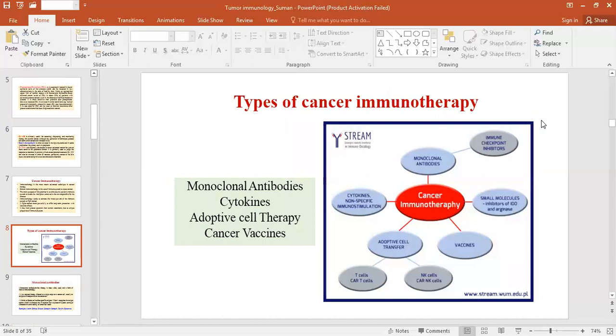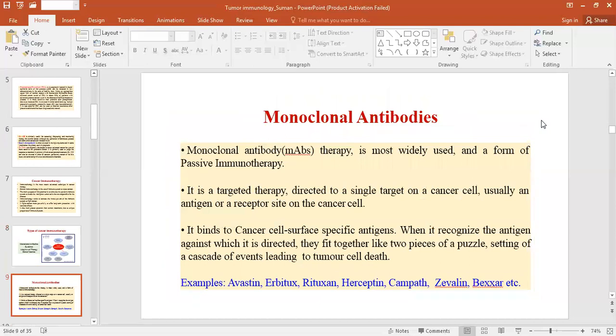So there are four types of cancer immunotherapy: monoclonal antibodies, which may be in conjugated or unconjugated form, cytokines, adoptive cell therapy, and cancer vaccines. First, I will start with monoclonal antibodies.